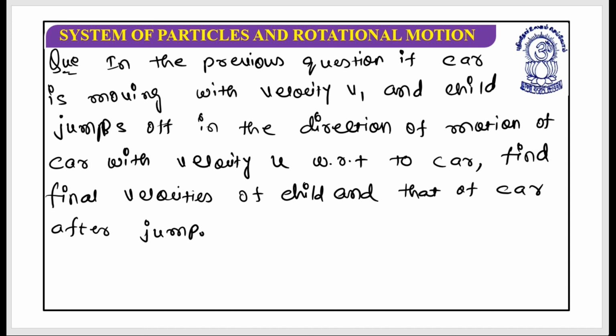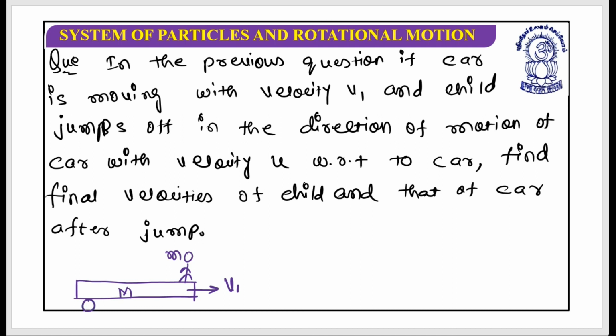When I thought of this initially, the situation is something like this: this is the car having mass M, this is the child of mass m, and initially the child was on the car and both are moving with velocity v1. The car must have wheels.